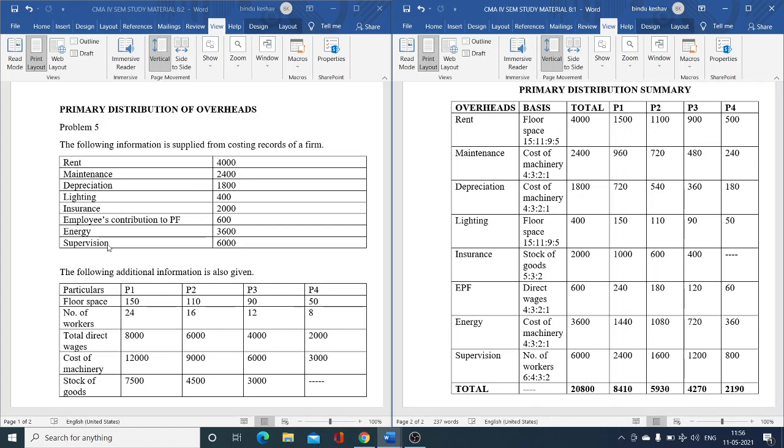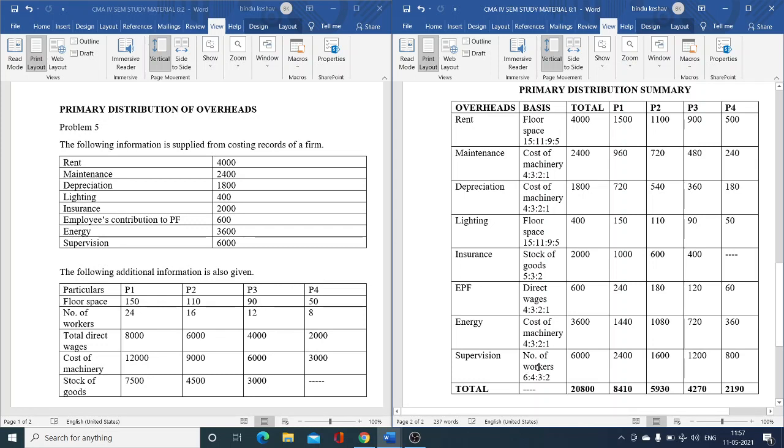The next item we have is supervision, that is rupees 6,000. Supervision, the basis is the number of workers. So here we have the number of workers given, that is 24, 16, 12 and 8. Now we have to find a common factor which can divide all these items. So it is 4.